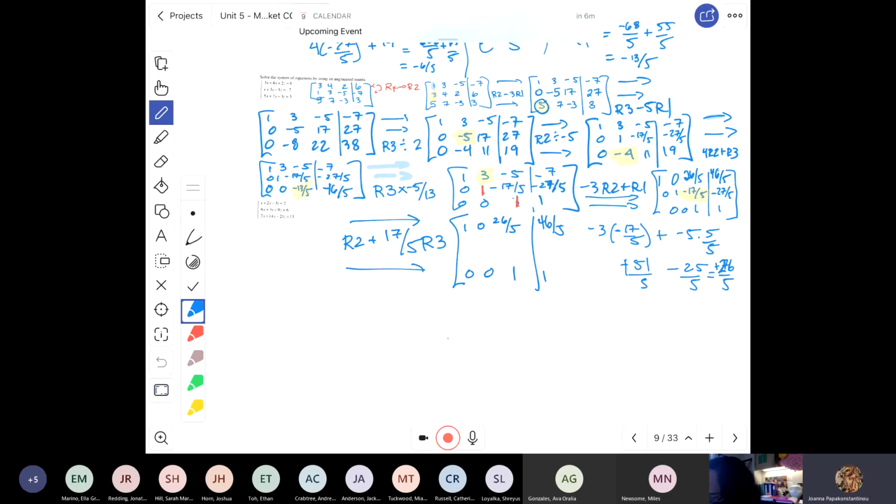So what is my new row 2? Last element. Comes out nicely.